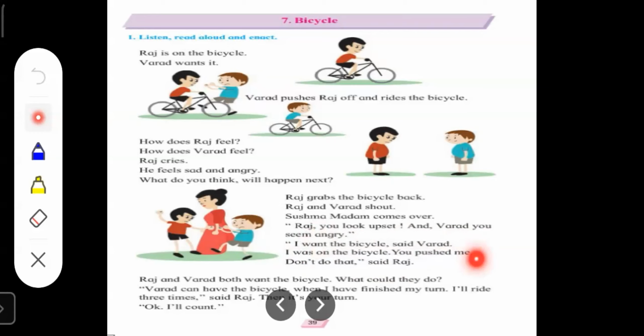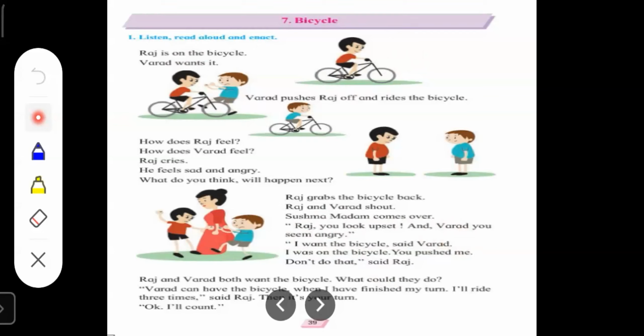He says that I want the bicycle. Then Raj replies, I was on the bicycle. You pushed me. Don't do that again. So you can see here, first Raj was there on the bicycle. So Raj is telling, I was on the bicycle. You pushed me. Don't do that again.